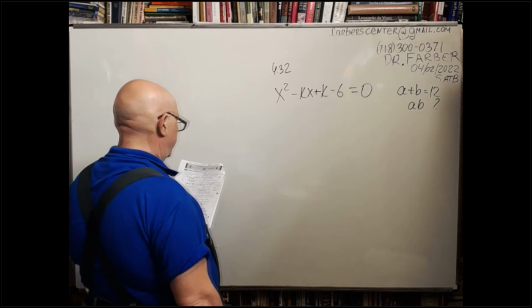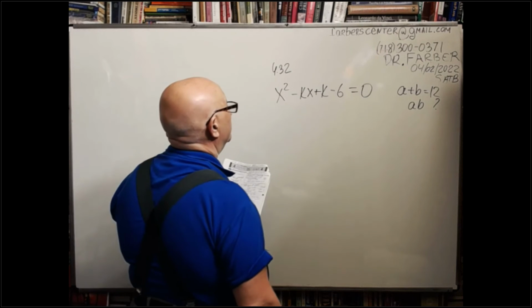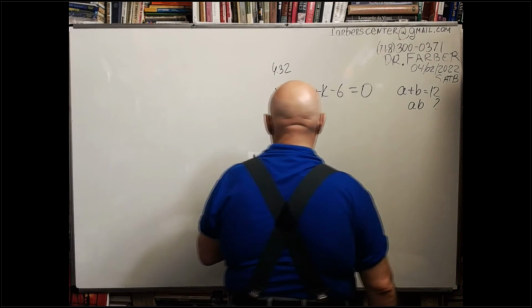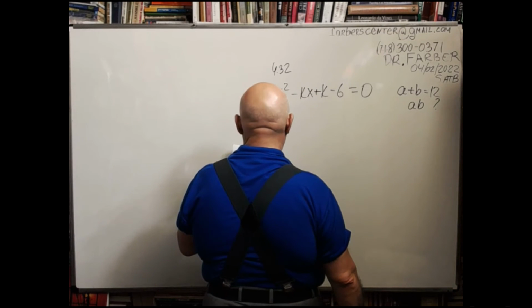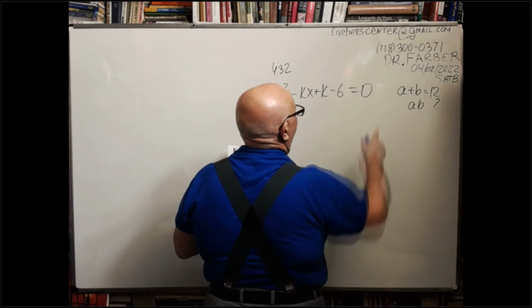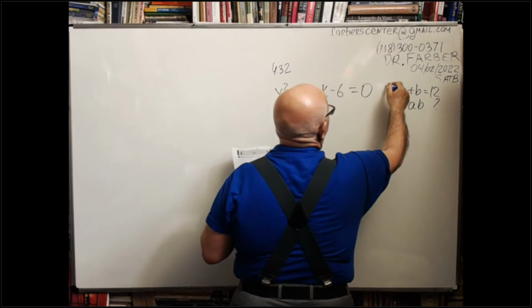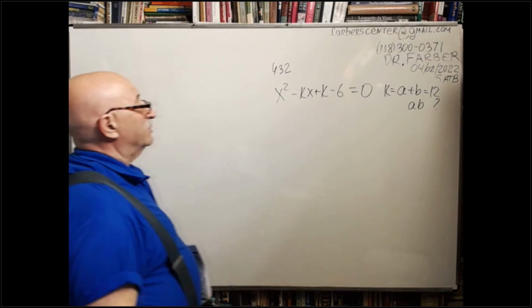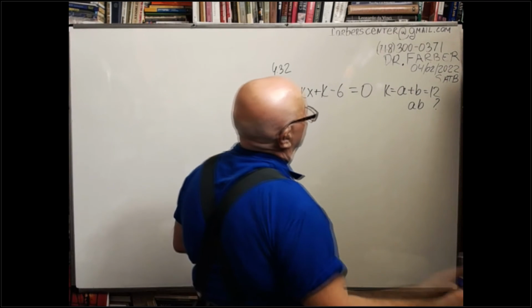So a plus b equals 12. What is 12? So a plus b, this is my k. According to François Vieta's theorem, the total of roots equals the second coefficient with opposite sign. So k equals 12 instantly.